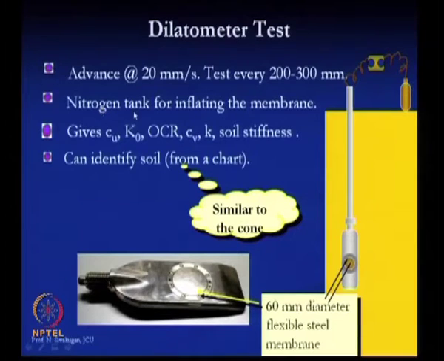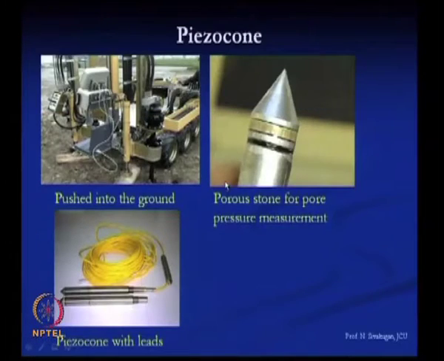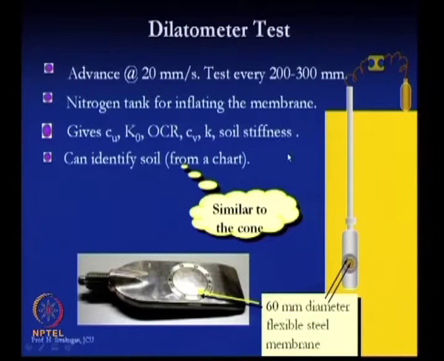We can measure the corresponding resistance, and by using the chart like the cone penetration test we can identify different types of soil, and here it will give the undrained equation, K 0, over consolidation ratio, C v, K and soil stiffness.